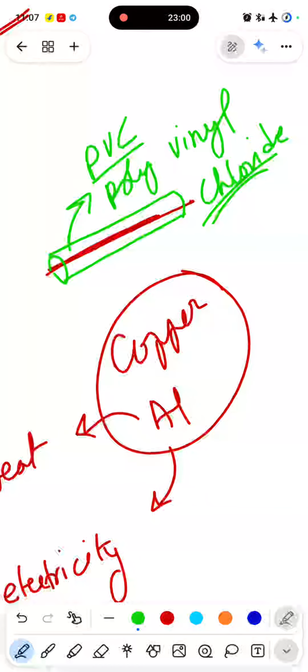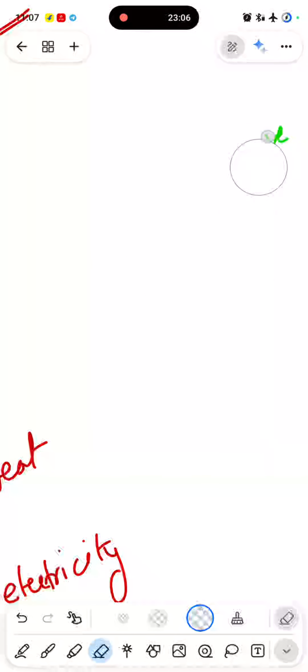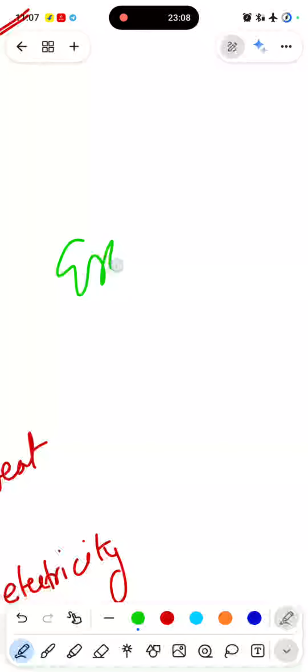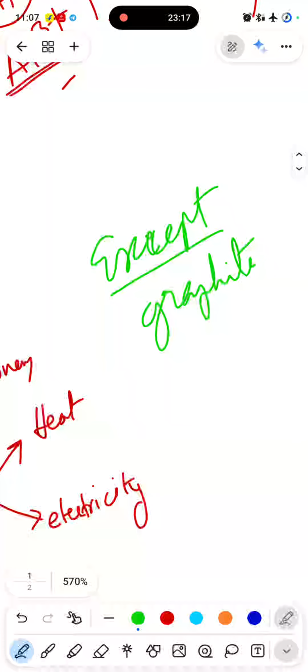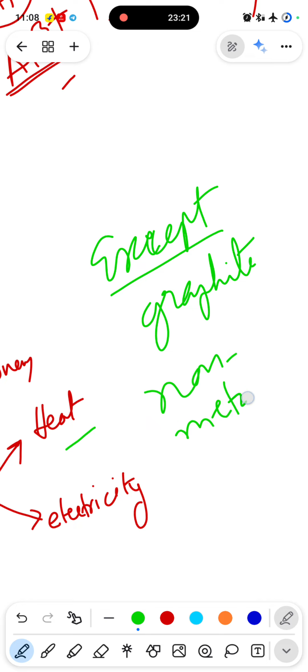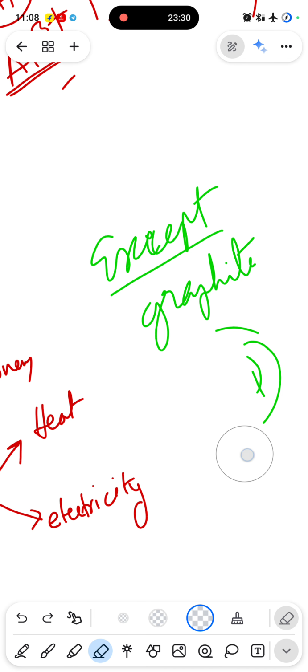And one thing, except graphite, there is no other non-metal which can conduct electricity. Oh, sorry, electricity. Graphite can conduct electricity.